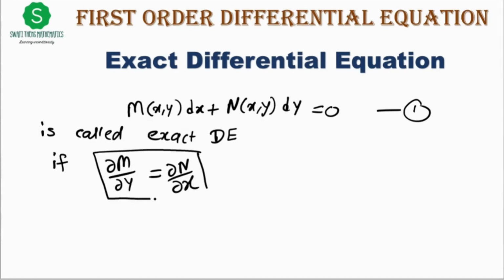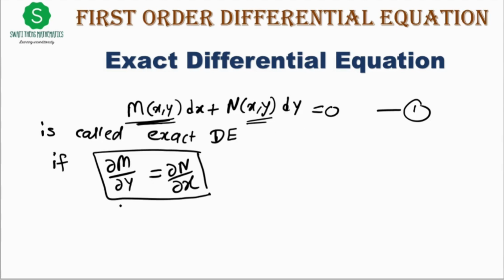So this is the condition for an exact differential equation in this form: the coefficient of dx we have to differentiate partially with respect to y, and the coefficient of dy we differentiate partially with respect to x. And if they are equal, then we can say equation 1 is an exact differential equation.